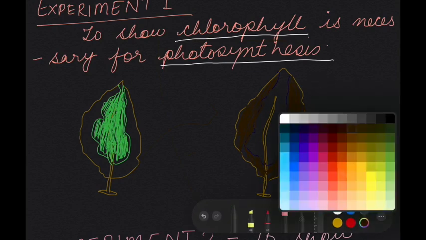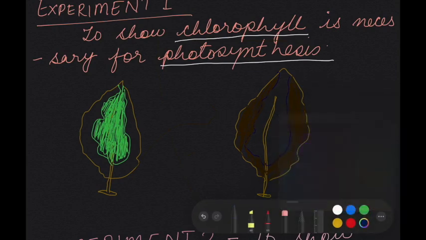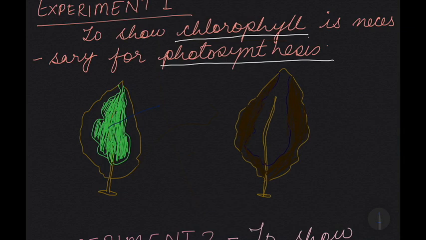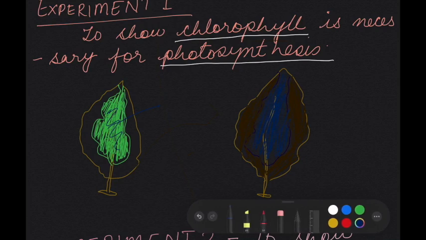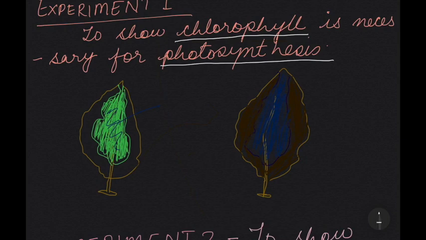You will see that the portion which contained chlorophyll will turn blue-black in color. And the portion which did not have chlorophyll did not perform photosynthesis, because chlorophyll is necessary for photosynthesis.